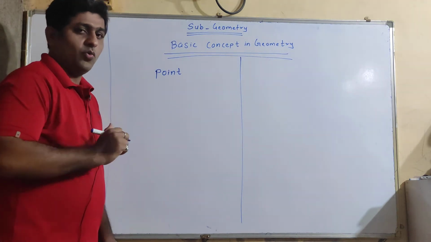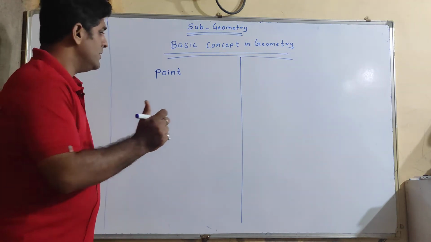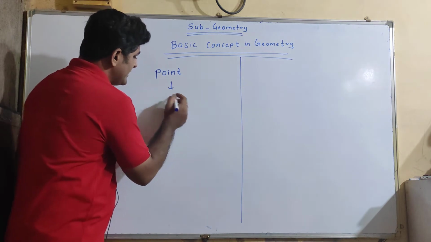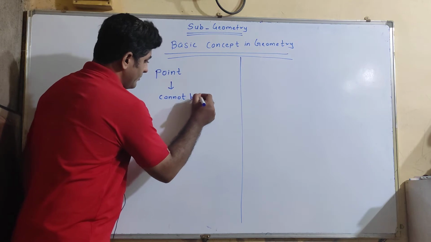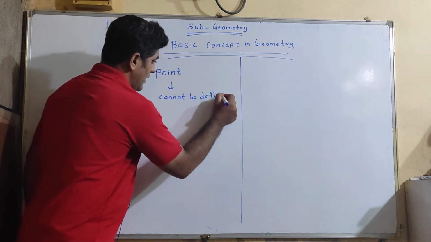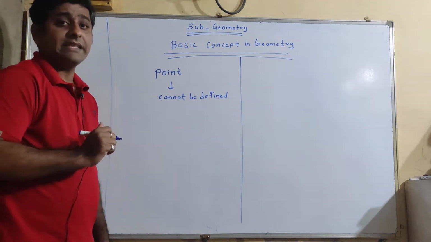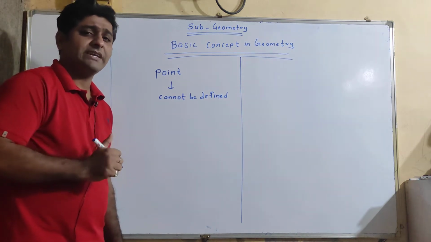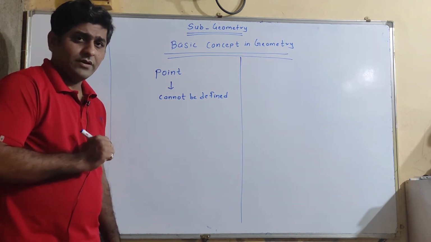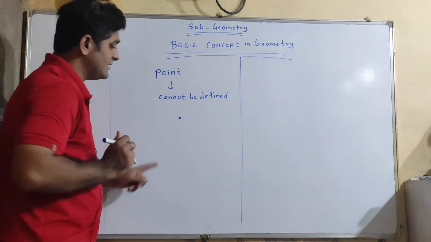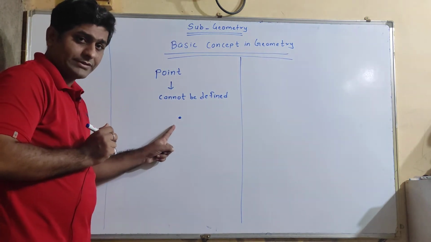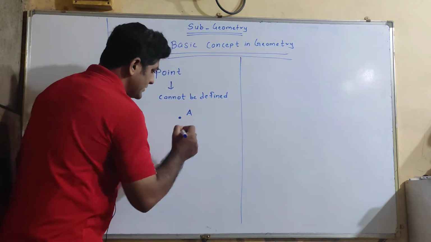Okay, now when we talk about a point, a point cannot be defined. It's an undefined concept in geometry. Right, students? Similarly, let's say this is how I'm going to represent a point, and let's say we name the point.